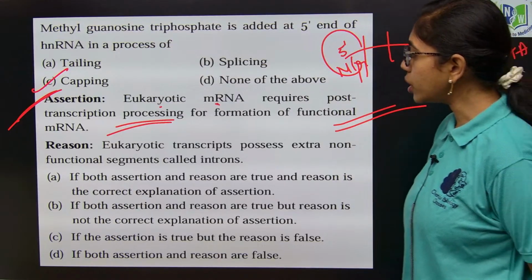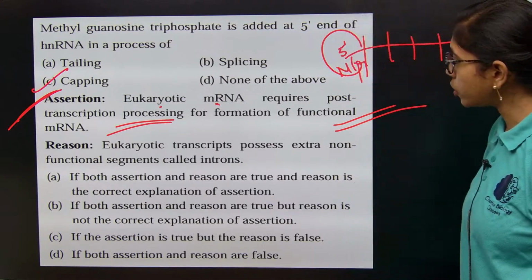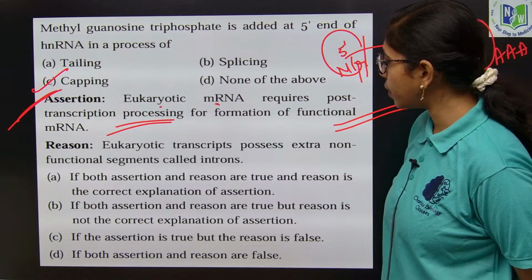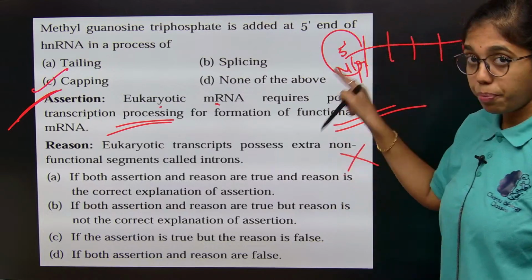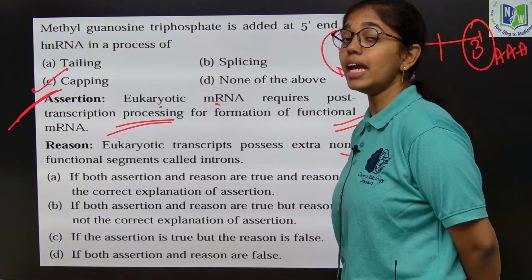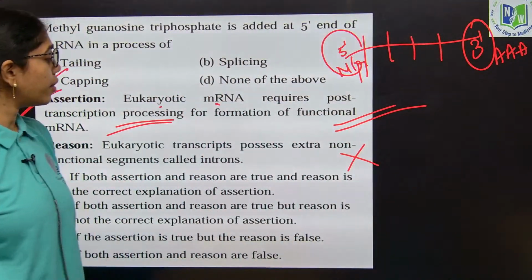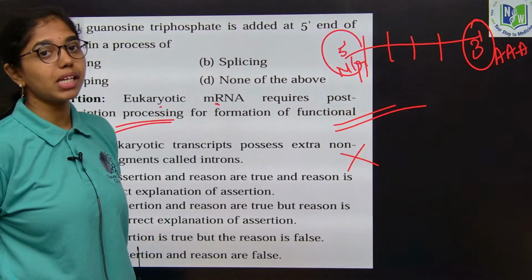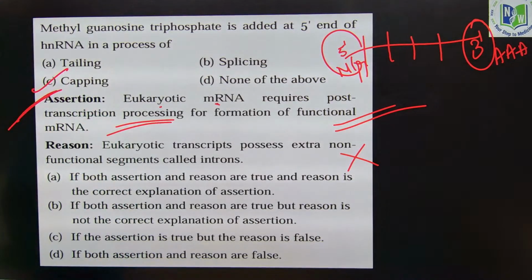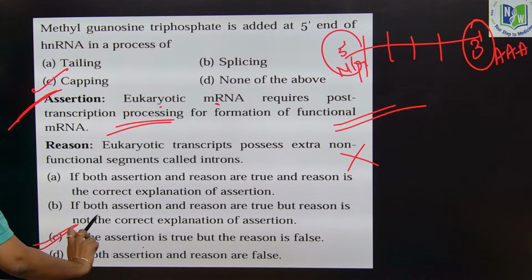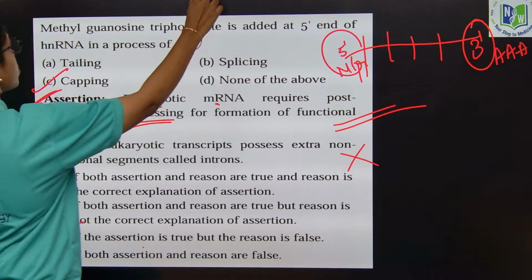In reason, eukaryotic transcripts possess extra non-functional segments called introns. In post-transcriptional event only introns will be excised, so non-functional segments will not be present in the functional mRNA. So in this case, assertion is true and reason is false. Option C will be the right answer. Next question, beta.